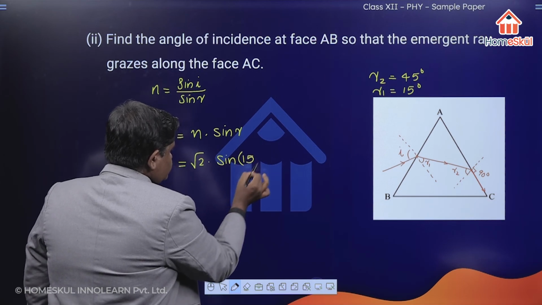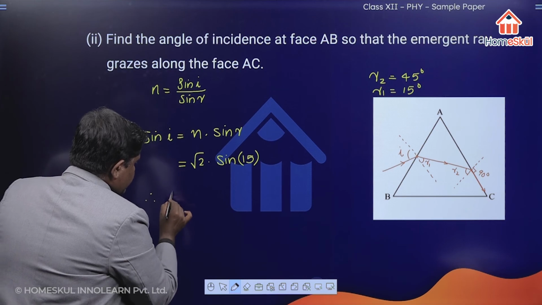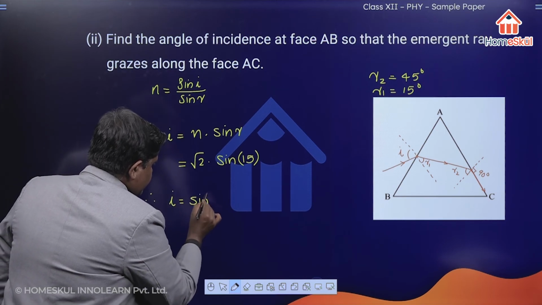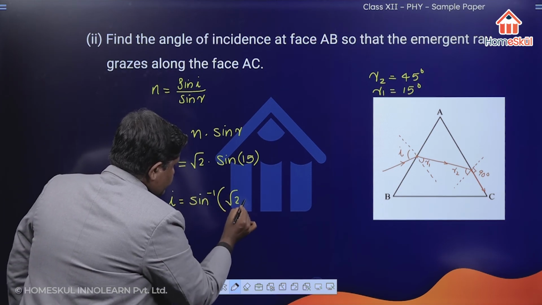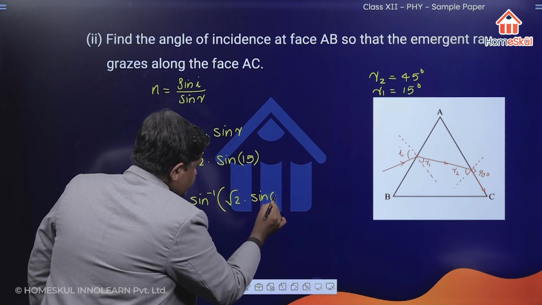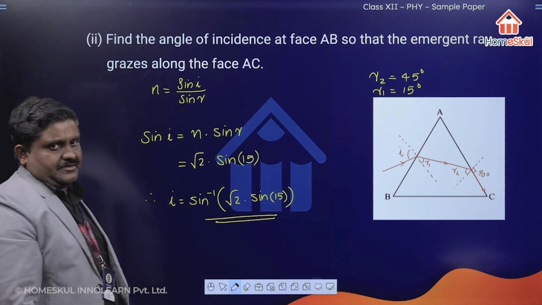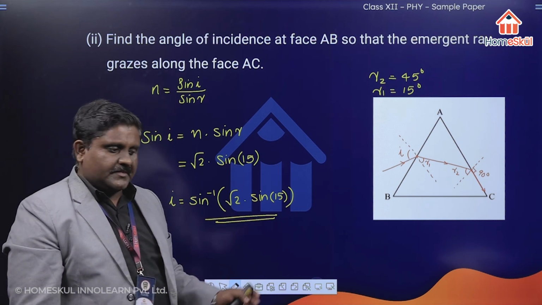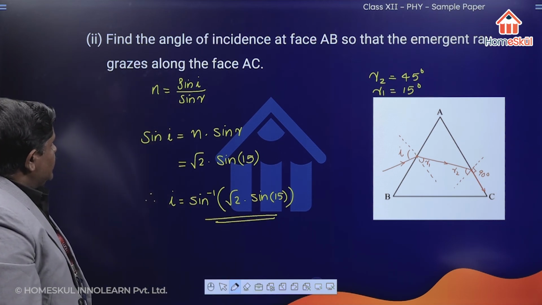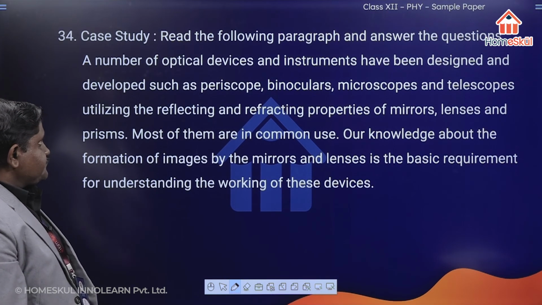Therefore I is equal to sine inverse of root 2 into sine 15. So this is the answer. Clear? Okay, so we move on to our next one.